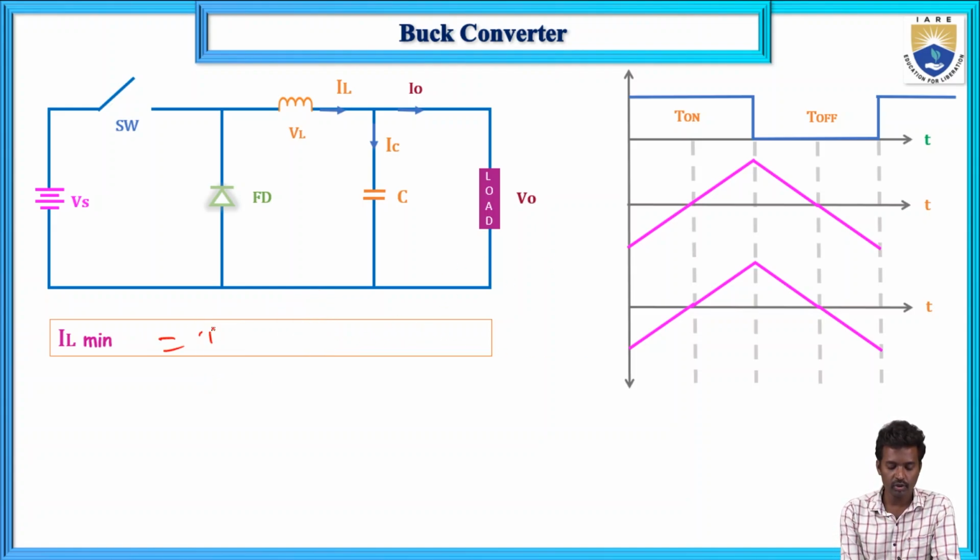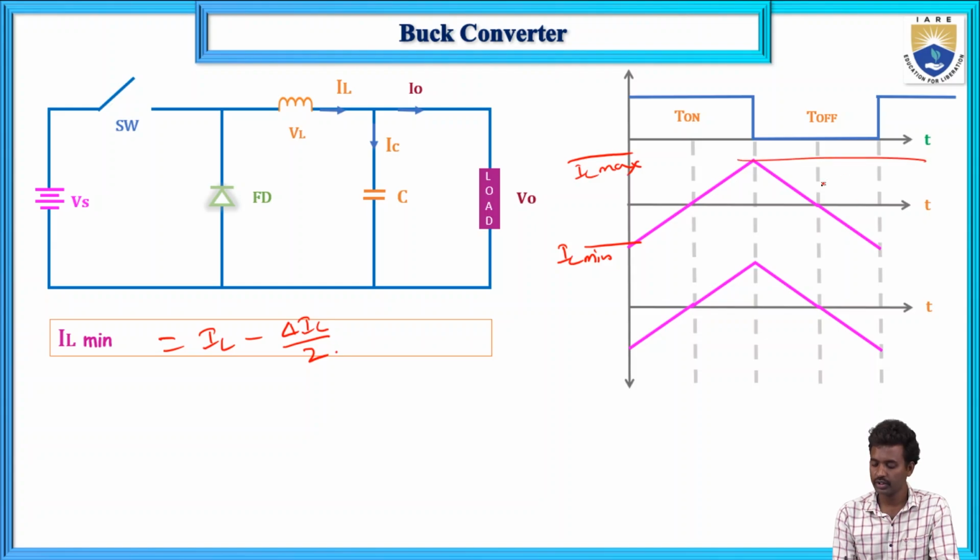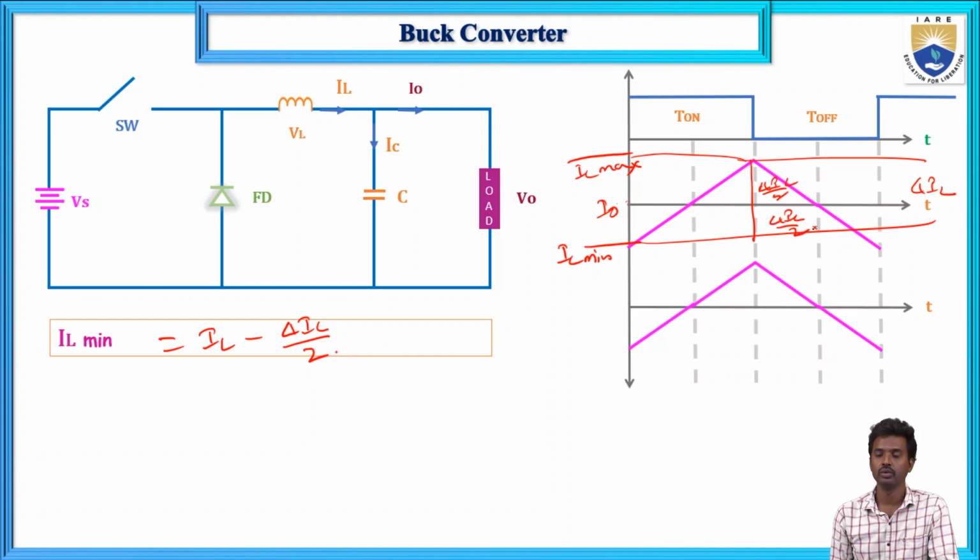In the same way, IL minimum equals IL minus del IL by 2. So IL minimum and IL maximum, this is del IL, del IL by 2, and this is I naught or IL.